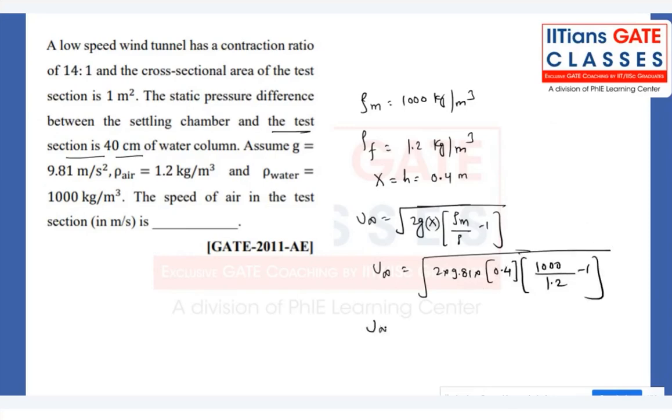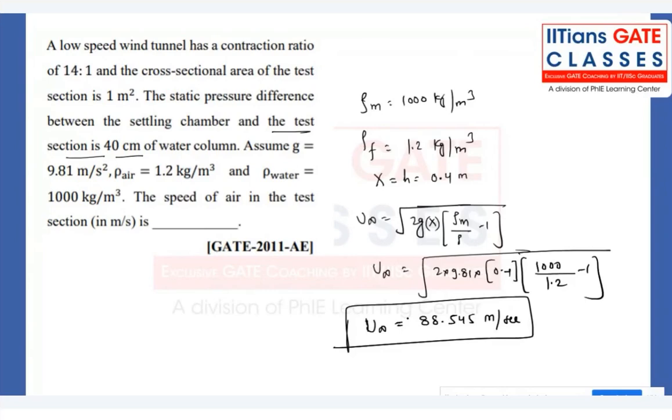So when you calculate, you will get 88.545 meter per second. 80.8.